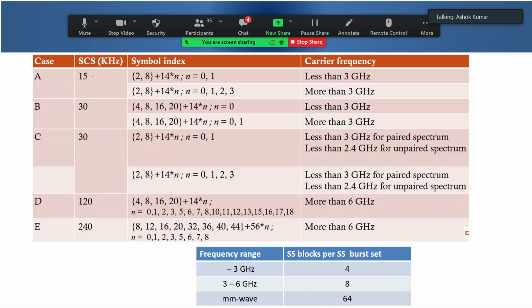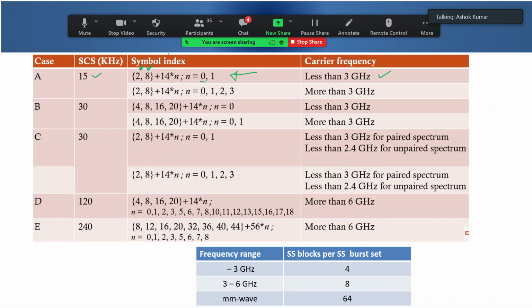Let us look at 15 kilohertz subcarrier spacing and this particular row, which is for frequencies less than 3 gigahertz. The positions are symbol 2, symbol 8, and then plus 14 into n, and n can be 0. If it is 0, this value becomes 0. So it is symbol position 2 and symbol position 8.